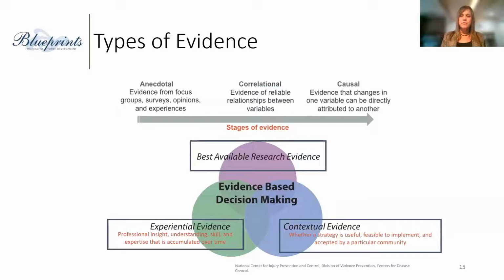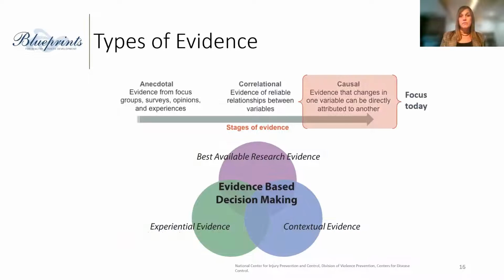And that is whether the strategy is useful, feasible to implement, and acceptable by a particular community. So there's a lot going into making these evidence-based decisions. And when we think about the role of online clearinghouses and the role that Blueprints serves, and that's what I'm going to spend most of the rest of the conversation on today, we really do focus on this causal evidence.